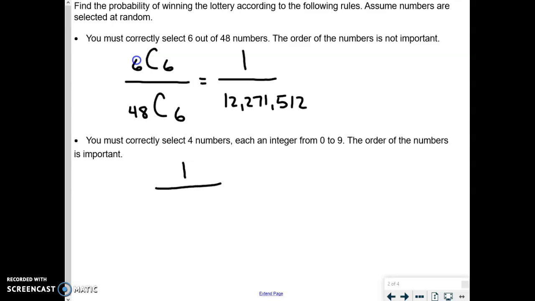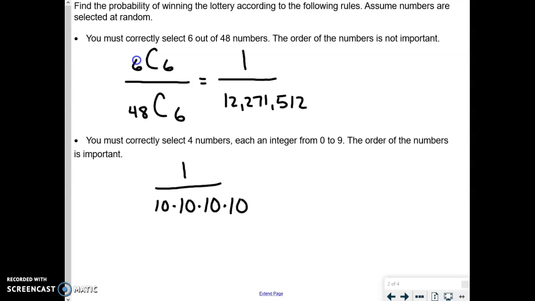But now the denominator, if we take a look at this, each is an integer from 0 to 9. So that means the first of our digits could be 10 choices. The second one has 10, the third one has 10, and the fourth one has 10 separate choices.